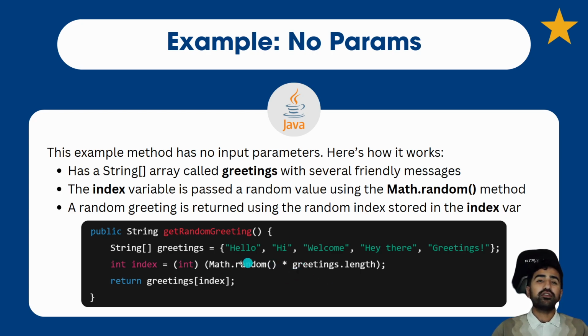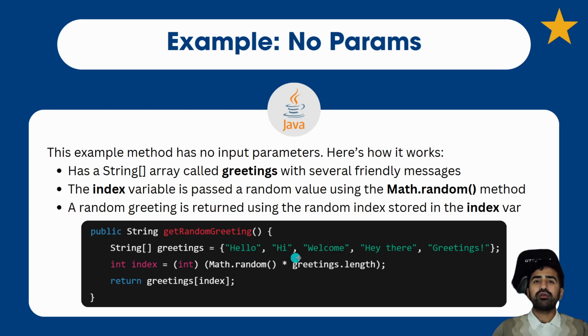This math here, you can definitely use it maybe in some other code someday, maybe in one of our assignments, depending on what I assign. But yeah, if you want to generate a random number within the bounds of the array, this is actually the code for it. So random greeting is returned using the random index stored in the index var. So index, it's going to be any one of these, right?